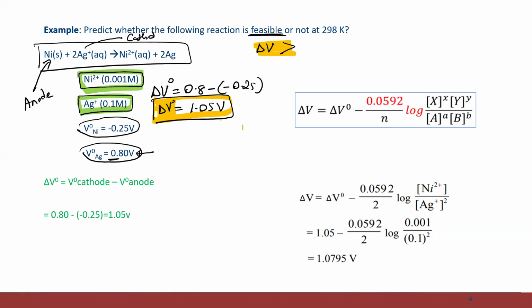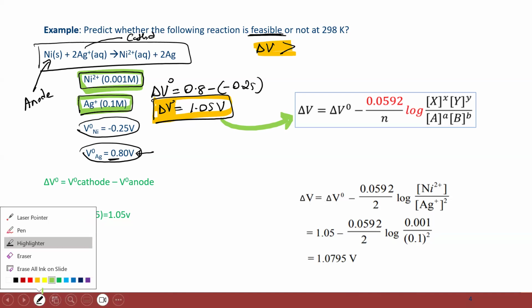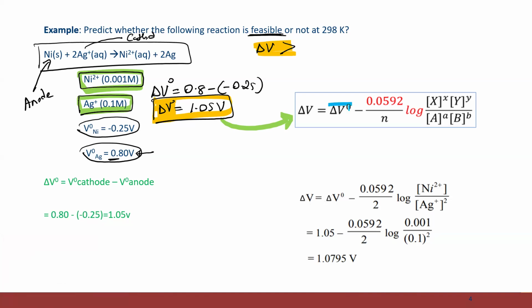So what do we need to do? We need to find the delta V using this equation. You can either use the log equation or the ln equation. It doesn't matter. We took the log here, and for the next question, we'll use ln. Any question? You can see this one we already found, which is 1.05. And this number is given.